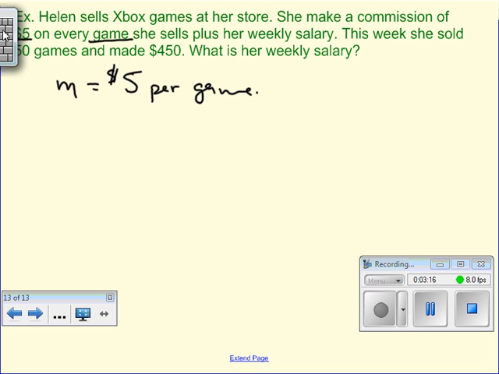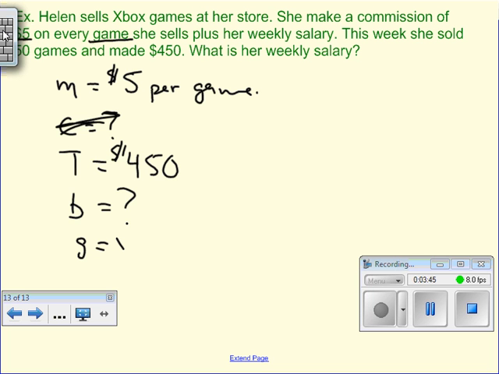I want to know what she makes, so her overall total, T, and that is going to be $450. But what I don't know is her fixed cost, so her so-called b value. That's what I've got to find out. And I also have G, that's going to be my x values, T is going to be my y value.